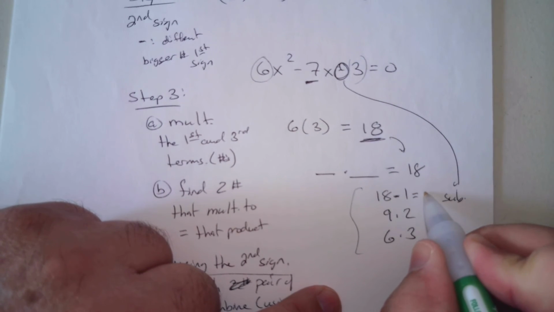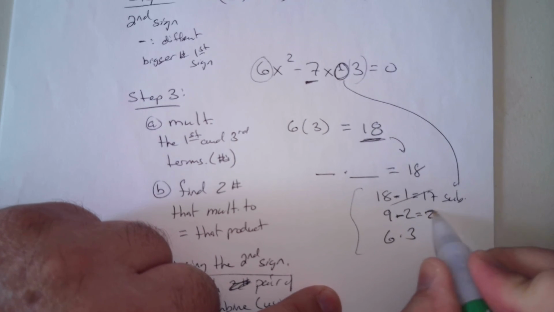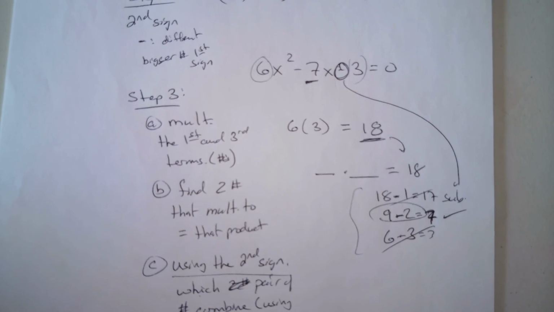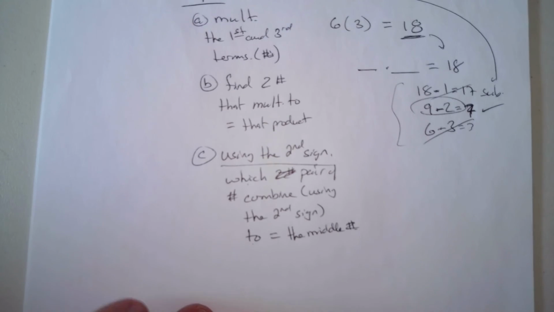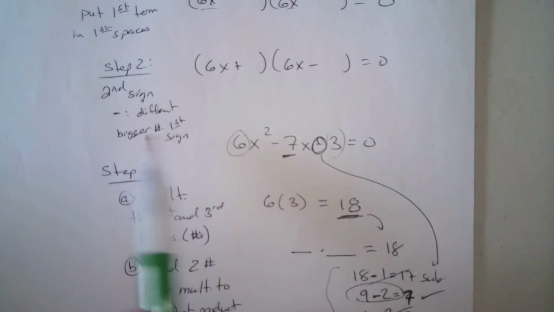18 minus 1 is 17? No. 9 minus 2 is 7. 6 minus 3 is 3. So we know the numbers are 9 and 2. And remember, since the signs are different, the bigger number gets the first sign.